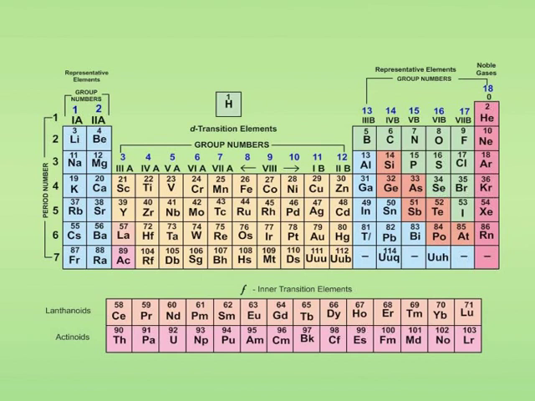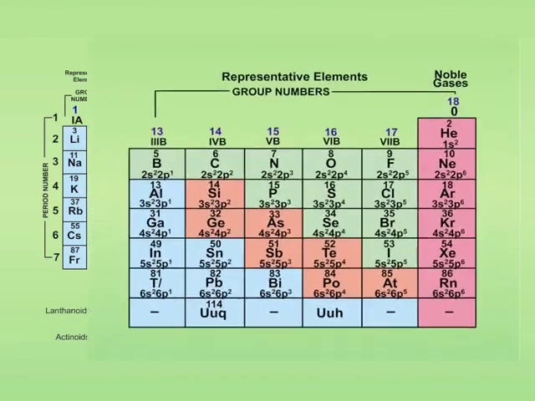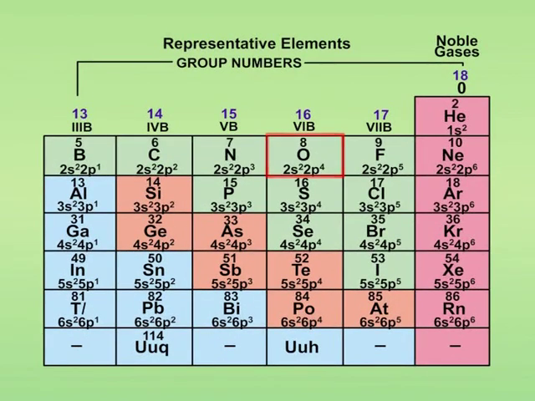With its help, it is very easy to find out the location of an element in the periodic table. The outer electronic configurations of all the elements along with their symbols are given in the present form of the periodic table shown on the screen.